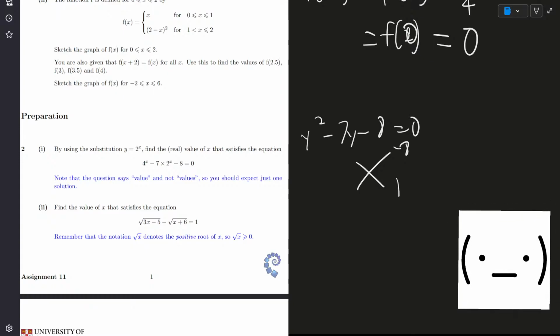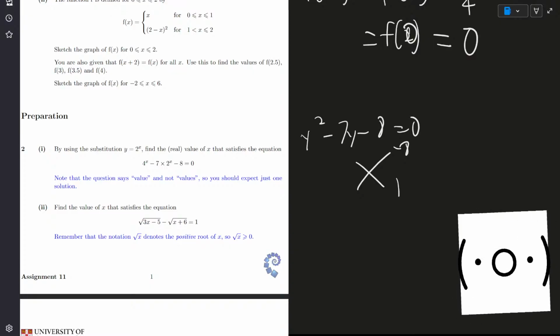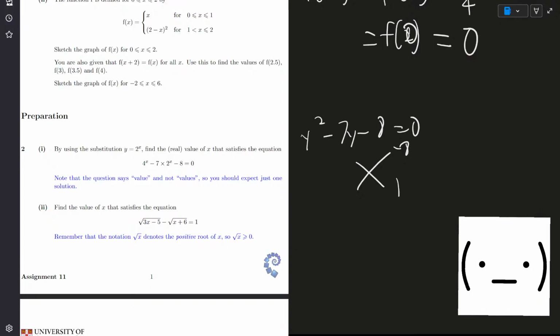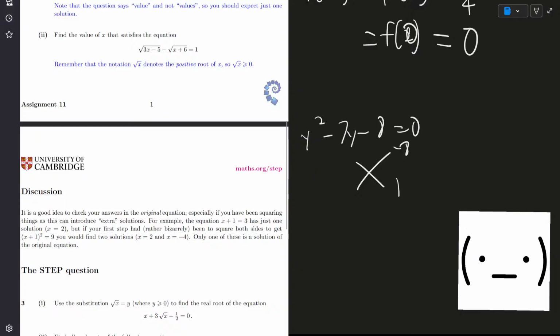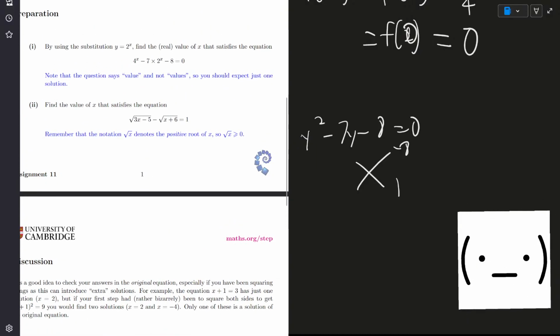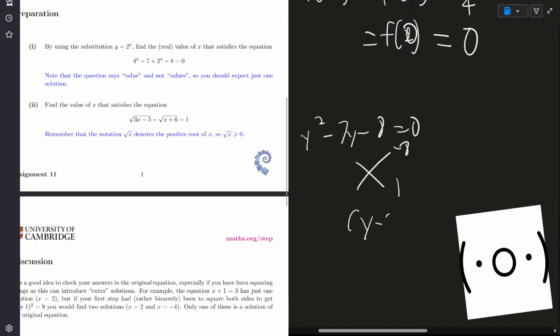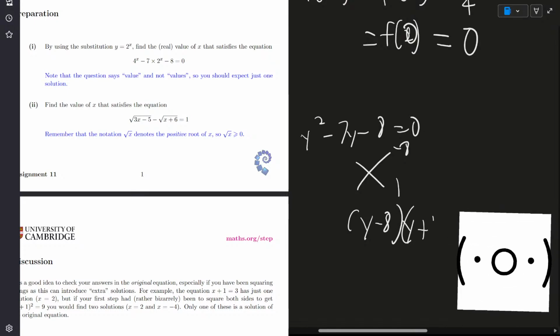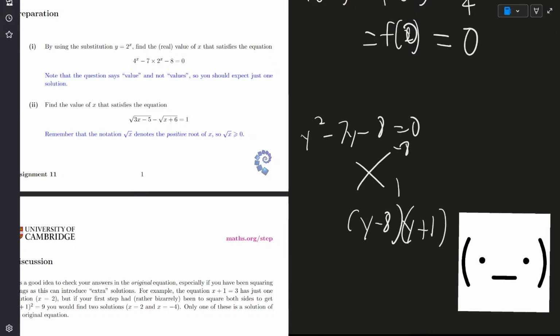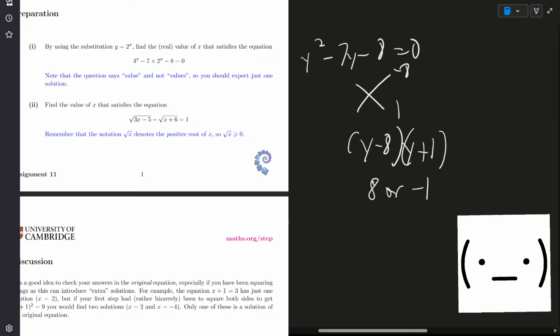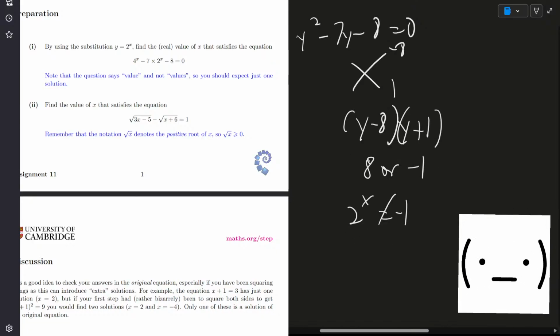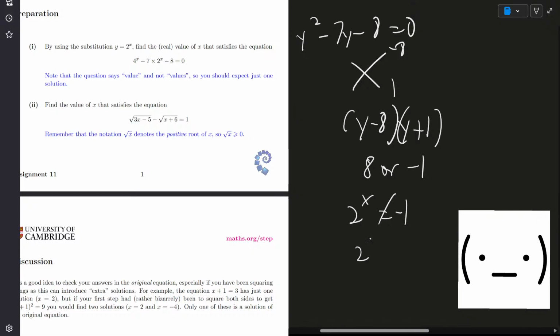Oh wow, my pen just slipped right on my hand. Oh hey, it's not actually that much stuff to do. Good. I like it when there's not much stuff to do. I like it when it's quick and easy. It's not valid. Therefore, x must be equal to 8. So x is 8.